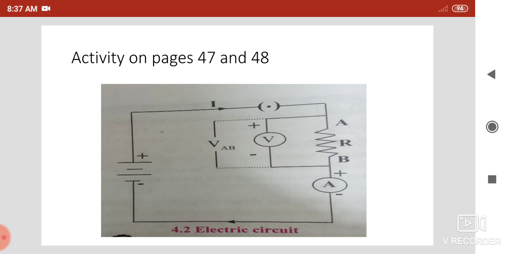So when the electric circuit is complete, current passes in the wire through the resistance R. At that time the charge Q is transferred from A to B. When charge Q is transferred, work is done. This work is found with the help of the formula: potential difference is equal to work upon charge transferred, V = W/Q.